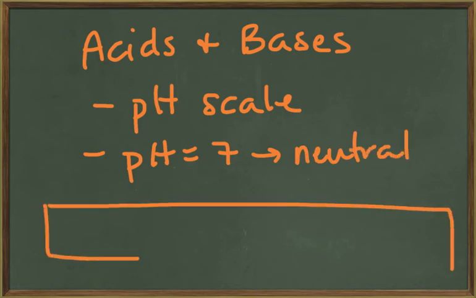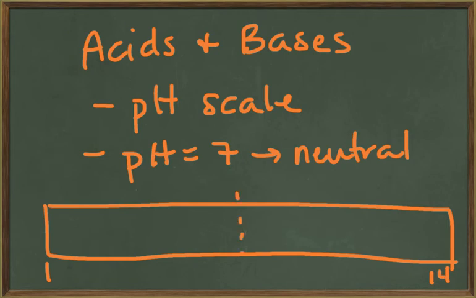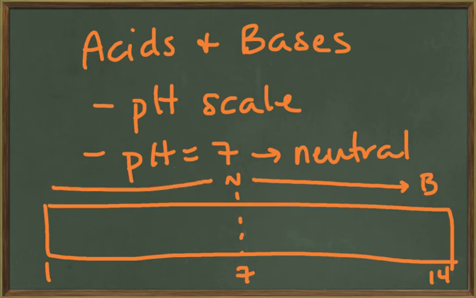So if I had a pH scale right in front of me, it goes from 1 to 14. Right in the middle is 7. So that means I am neutral at this point. If I go anywhere above 7 and go up to 14, I am considered basic. If I go anywhere from 7 down, I am considered acidic.